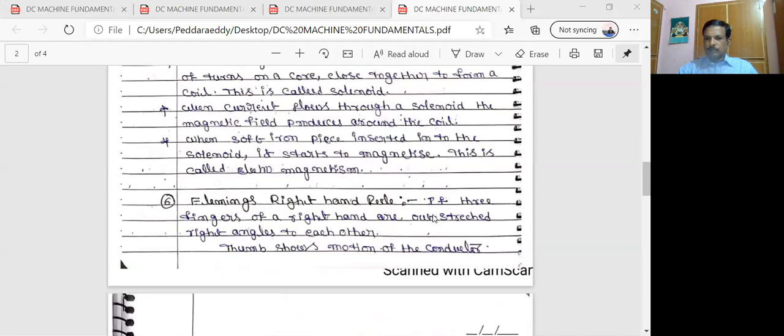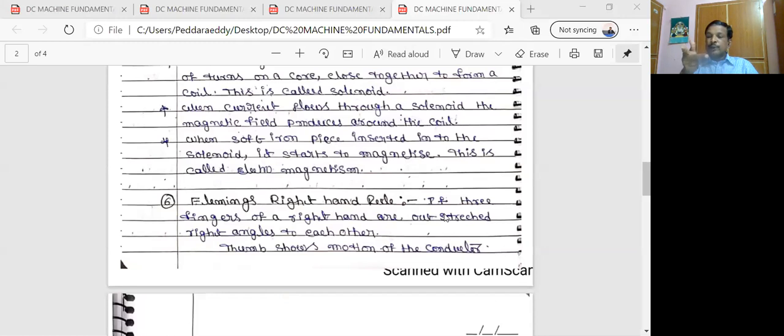Fleming's right hand rule. If three fingers of the right hand are outstretched at right angles to each other, this is my right hand. So when three fingers are outstretched at right angles, the thumb shows the motion of the conductor, the index finger shows the direction of magnetic field, and the middle finger shows the direction of induced EMF.